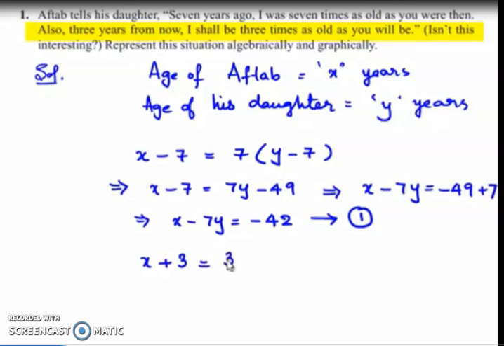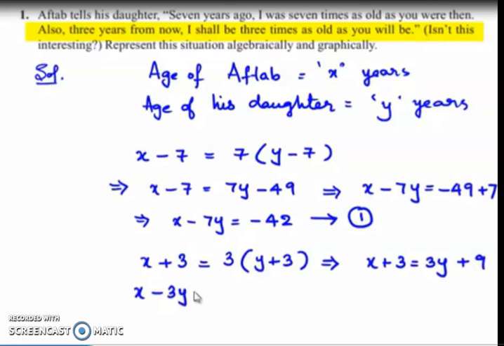After 3 years, Aftab will be x plus 3 and 3 times daughter will be y plus 3. By simplifying, I will get x plus 3 is equal to 3y plus 9. So x minus 3y is equal to 9 minus 3, that is x minus 3y is equal to 6. This is my equation number 2.